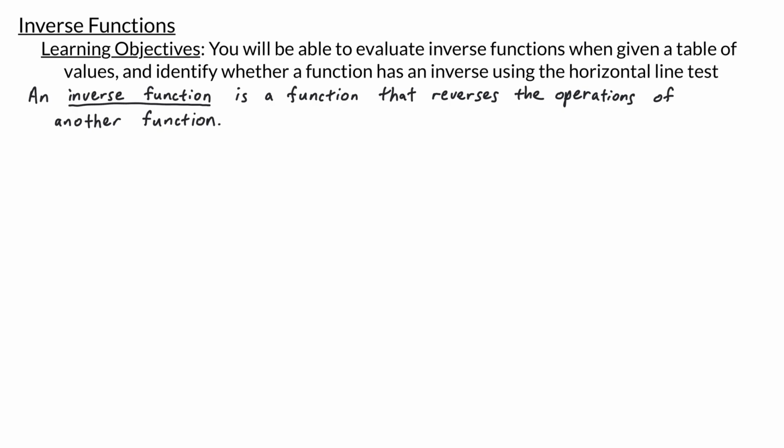Let me draw a picture of what we mean by this. Let's say we have a function named f. An inverse function is something that we'll label as f with a little -1 as the superscript. We call this f inverse. Now here's what we want this inverse function to do.